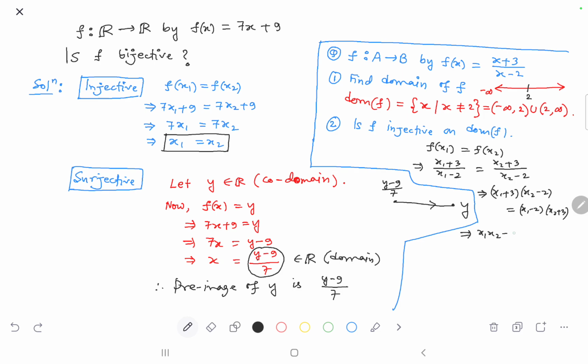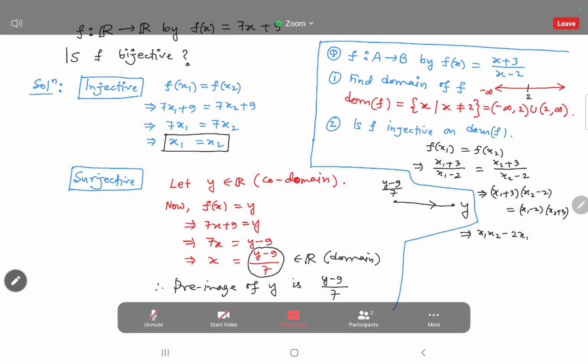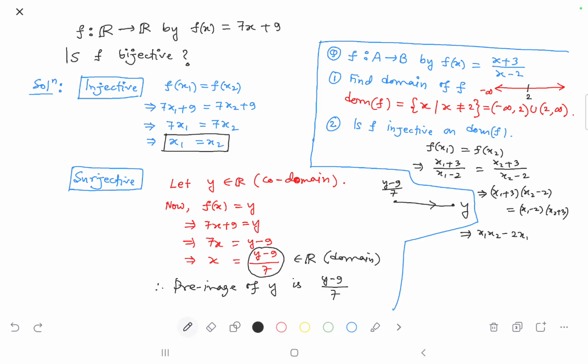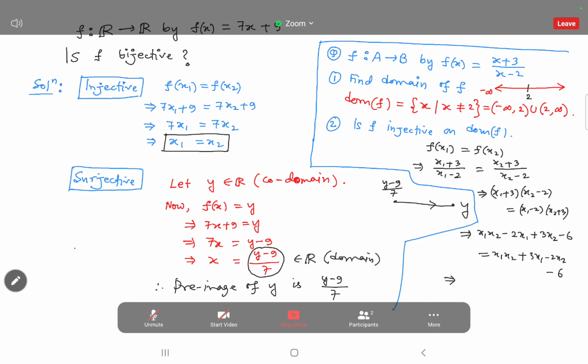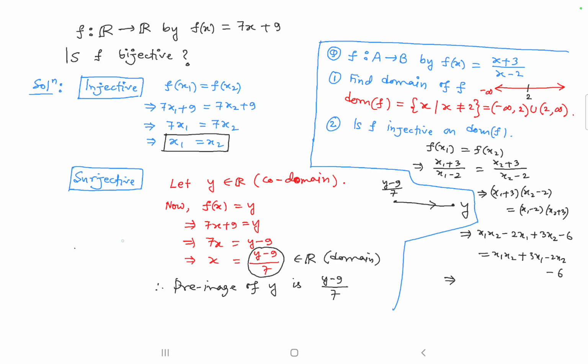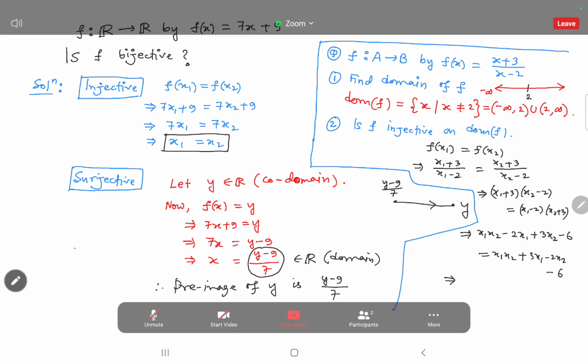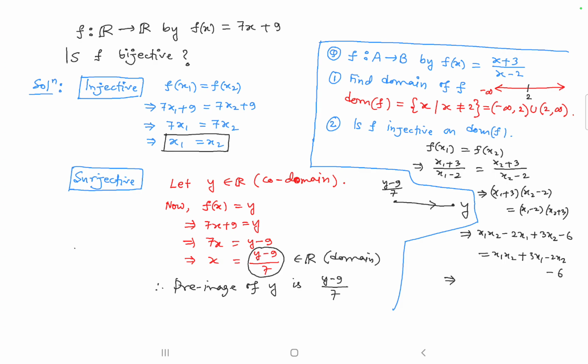So x1 x2 minus 2x1, and so on. Minus 2x1.